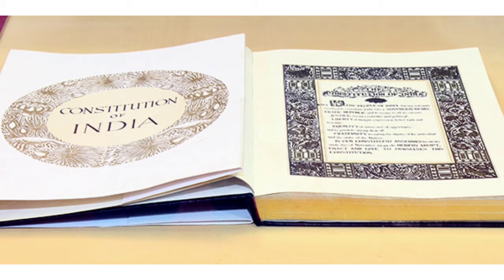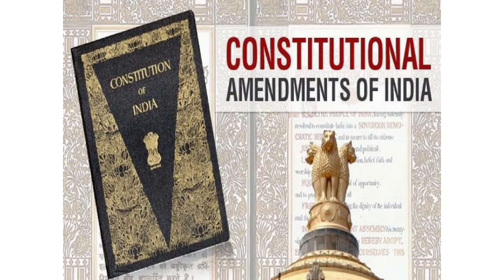The world's lengthiest written constitution had 395 articles, 22 parts and 8 schedules at the time of commencement. That means when our constitution was framed, it was framed with 395 articles, 22 parts and 8 schedules. But now the Constitution of India has 448 articles in 25 parts and 12 schedules.